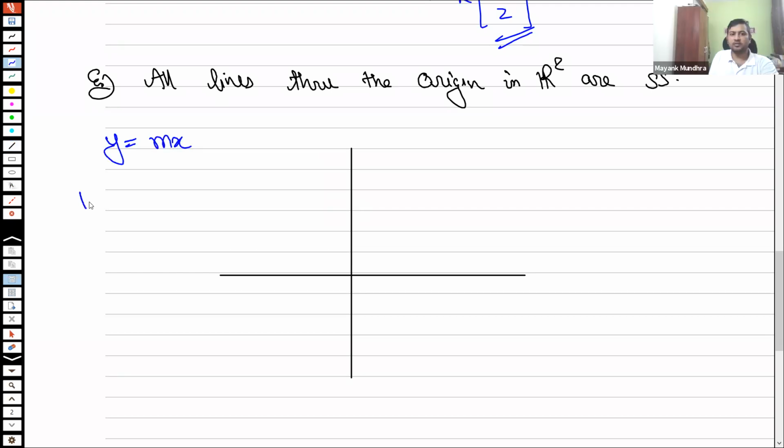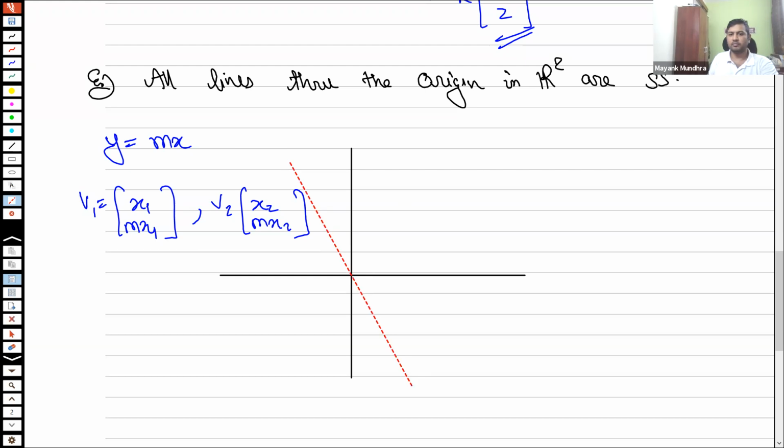So I can write the v1 vector as x1 comma mx1 and the v2 vector as x2 comma mx2. It is some line through the origin. It can even be a negatively sloped line. M can be negative or positive, any real number value.